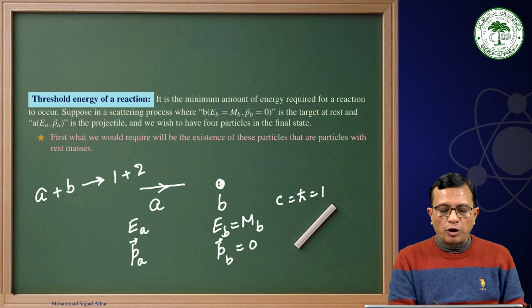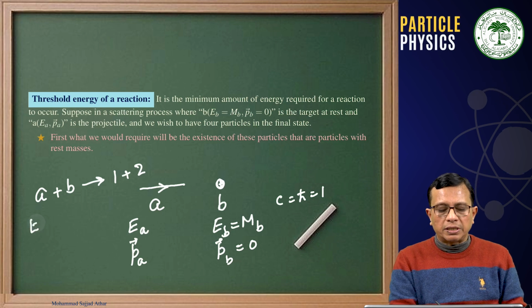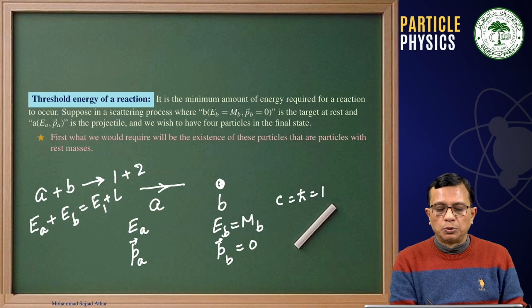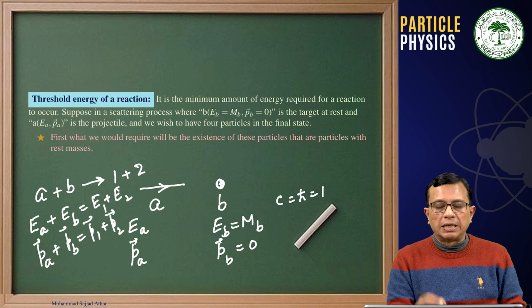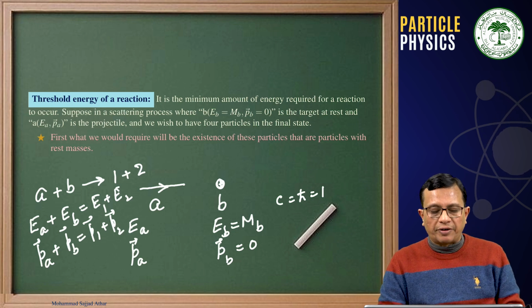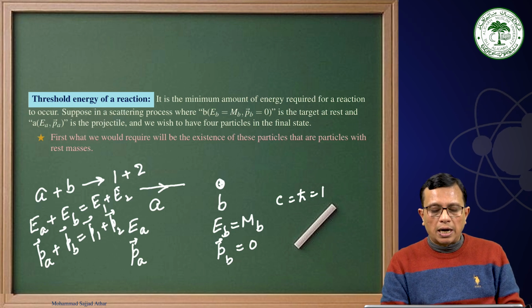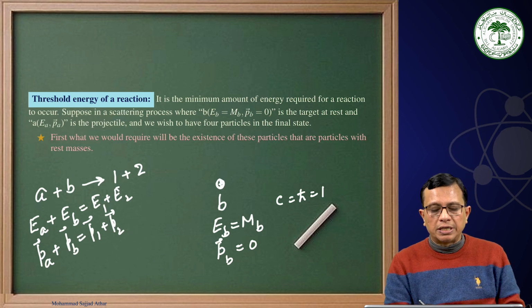Now, from energy conservation, we have EA plus EB that must be equal to E1 plus E2. This we have discussed yesterday. And PA plus PB should be equal to the sum of the linear momenta of the particles in the final state. These two are coming from the energy and linear momentum conservation.